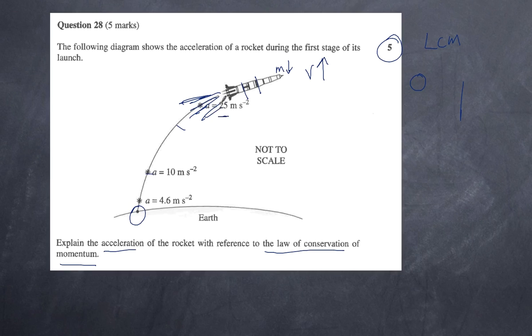So a decreasing acceleration due to gravity will ultimately mean that the force on the rocket over here will have a greater effect, and so we have a greater acceleration as well. So I've explained the acceleration of the rocket, and I've referred to the conservation of momentum, but it's a 5-mark question. So no doubt there will be some marks allotted to the understanding of gravity as well as our conservation of momentum.